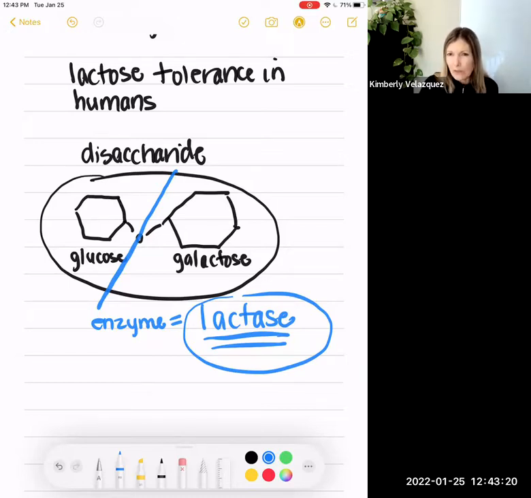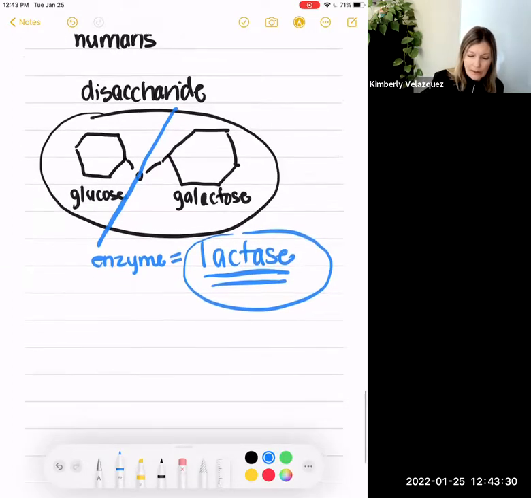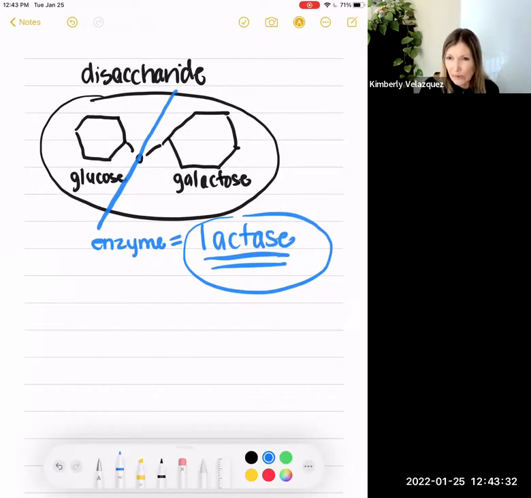So when humans started domesticating cows and sheep and goats and using that milk as a food source, that offered what we call the selective pressure that caused this gene mutation to offer a survival advantage.